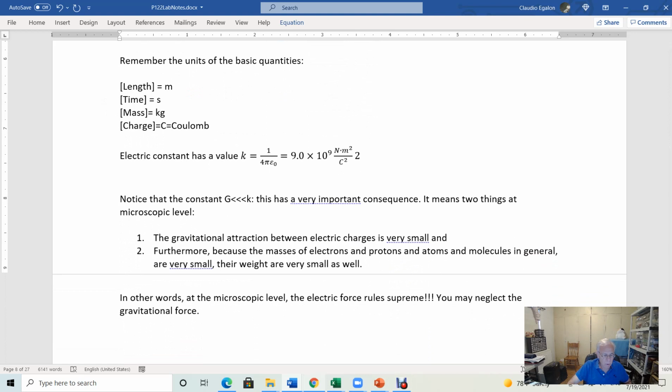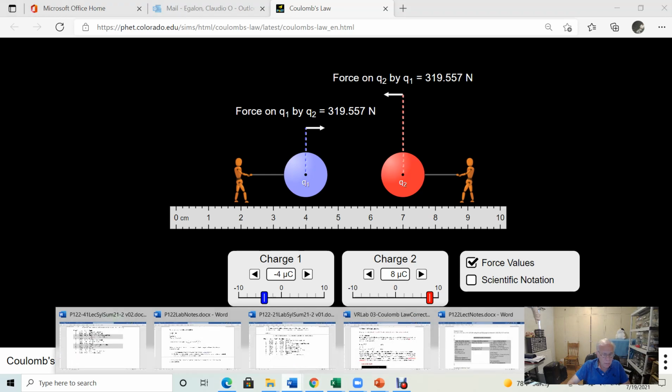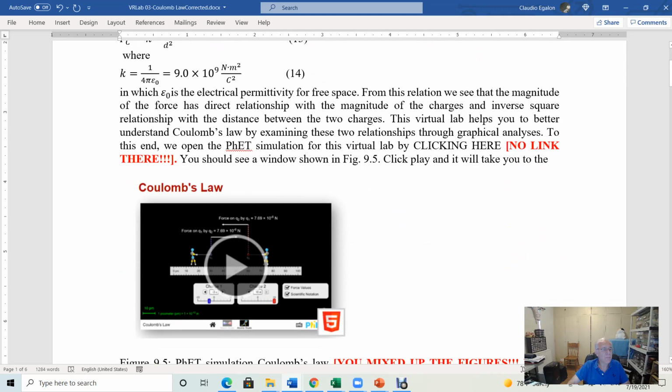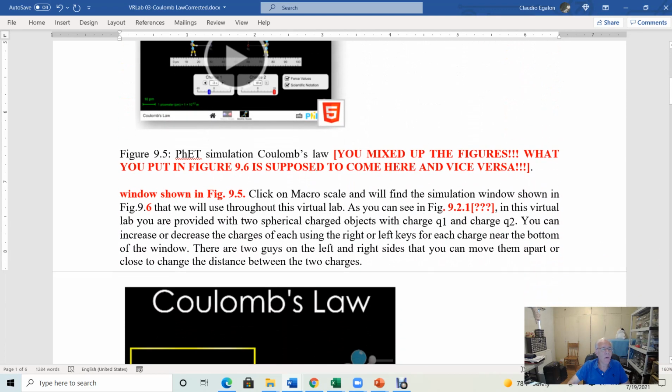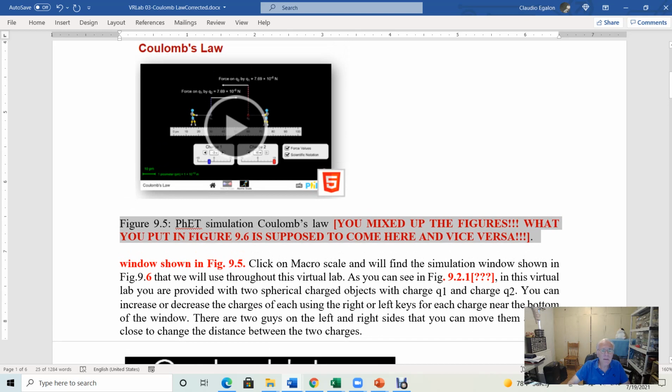So let's go back to our simulation, Coulomb's law. Here you go. Simulation Coulomb. There's a mistake here apparently. Figure 9.5. So you mixed up the figures.